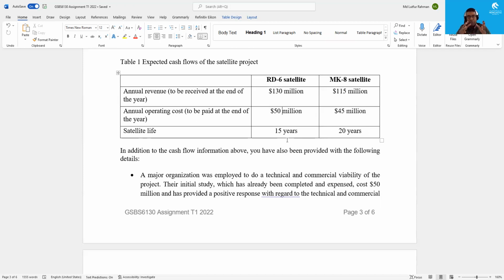That is not right because it's already mentioned that 130 million and 50 million will be the revenue and cost. So that should be in year one. Then it will grow at a rate of 2% and 1% respectively in the subsequent years. That will continue up to year 5. So the revenue and cost that you have after considering the growth will be static for the rest of the periods.